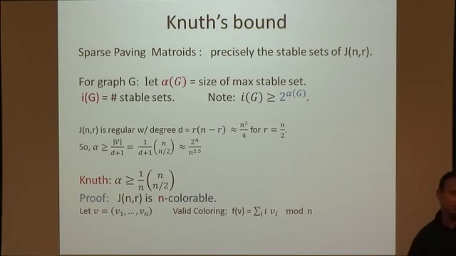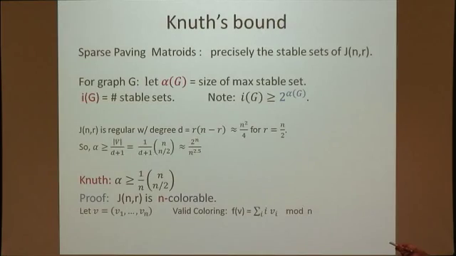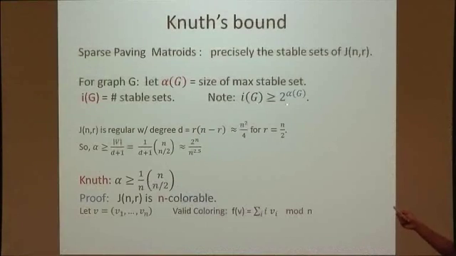And we know that any d-regular graph has an independent set of size at least n over (d plus 1); the greedy algorithm will give you that. So this Johnson graph with r equal to n over 2 has these many vertices, and the degree is roughly n squared over 4, so it will give you something like 2 to the n over n to the 2.5.